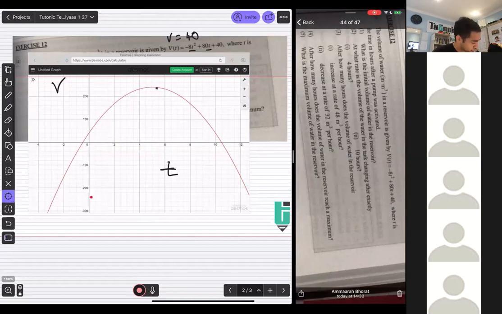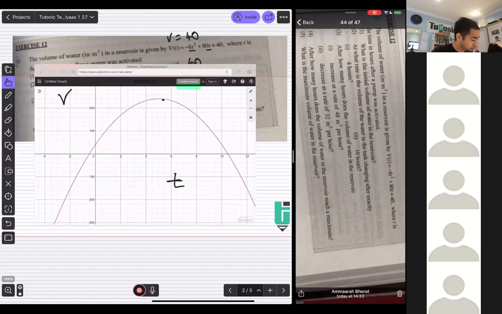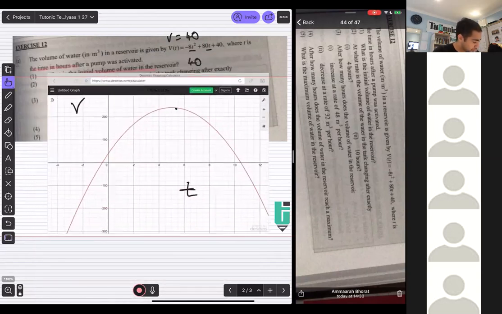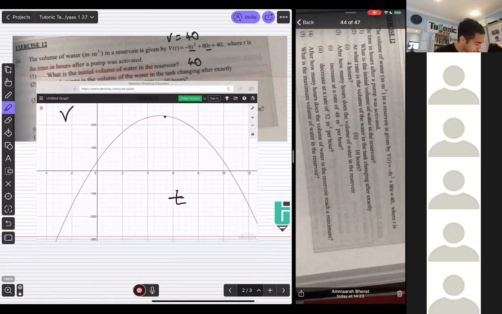So over here the volume is getting higher and higher, and then here it's getting lower. And in this question, they ask you to find the derivative or the gradient when x is 4 and when x is 10.